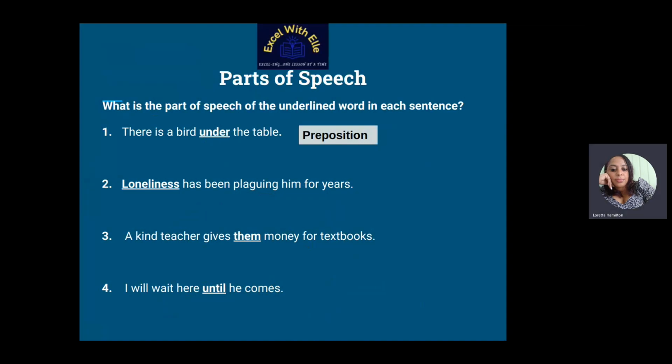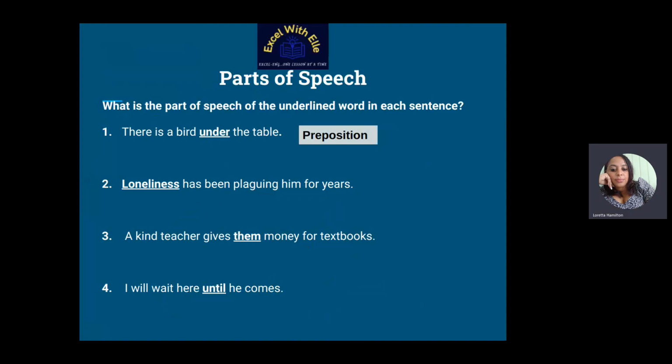Now, the focus word there is between, and between is a preposition because it links the noun and the pronoun John and me. Now, you will agree with me that that word between does not show position. However, it is a preposition, and what makes it a preposition is function, in that it links these two words together. So I do not want you to go away with the idea that by definition, a preposition is a word that shows position, because that is certainly not true for all prepositions.